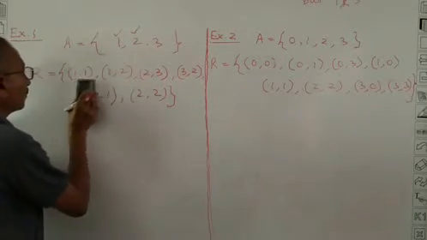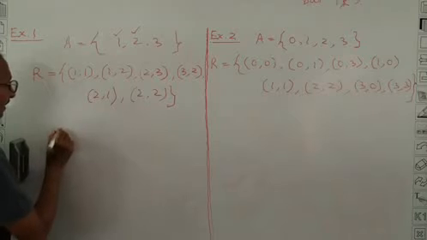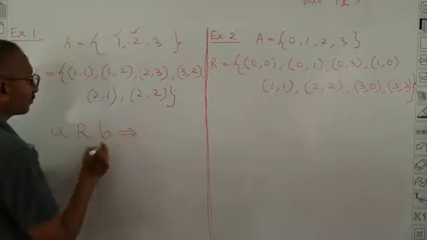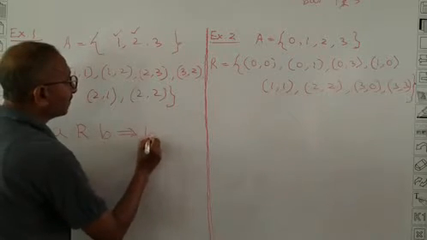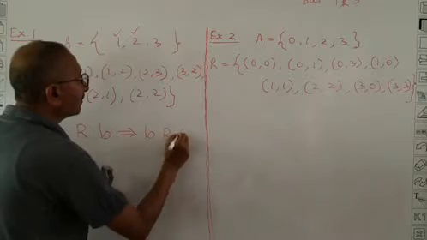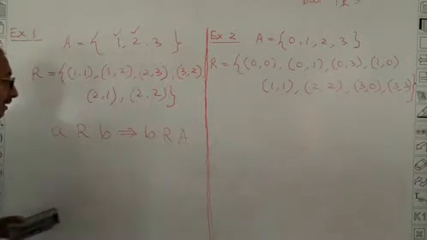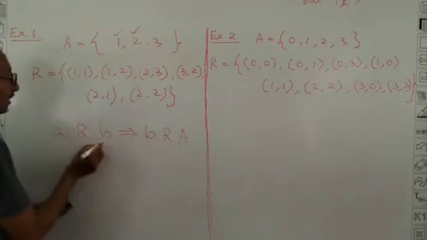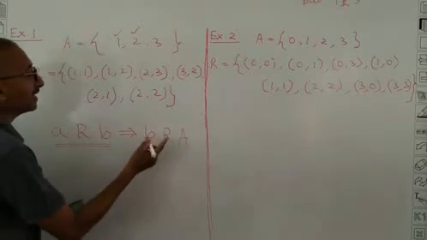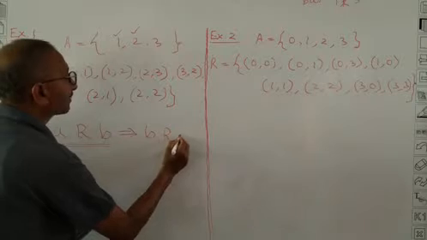What is symmetric? If A is related to B, that must imply B is related to A. Now, if A is related to B, then we must have B related to A.